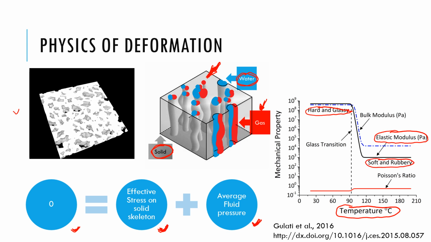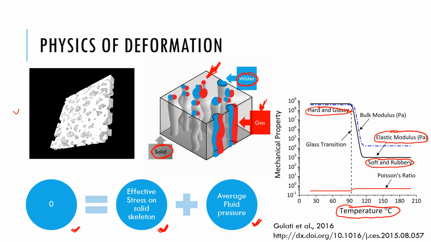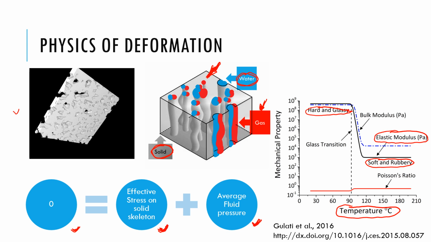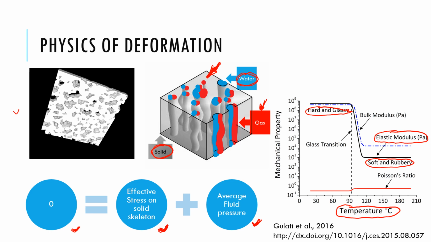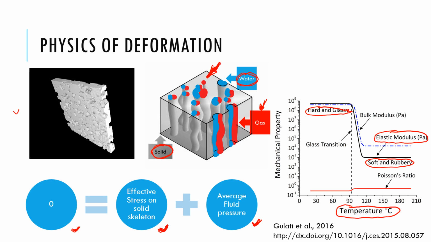So it goes through these huge changes in modulus that would need to be considered. You see that that's a very, very critical part of this rice puffing process and how far it's going to puff.